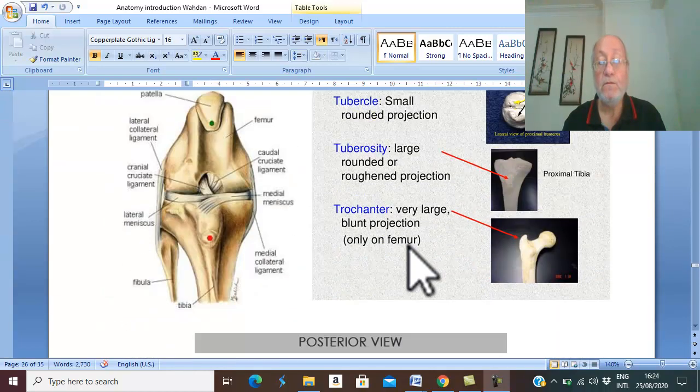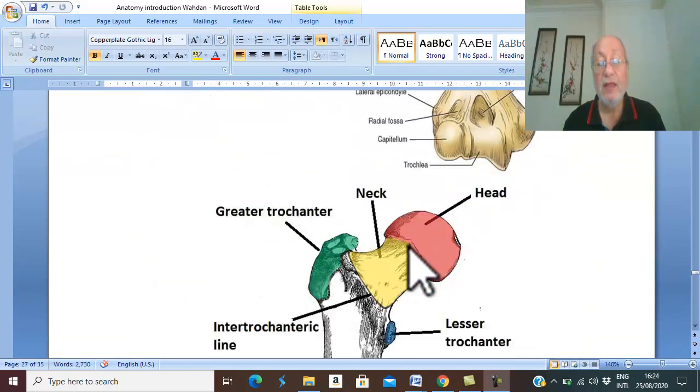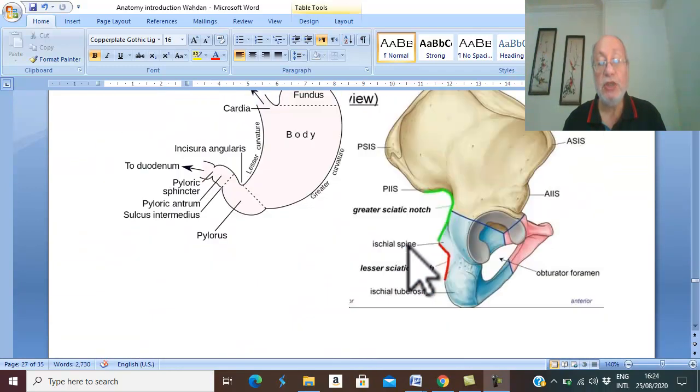while the same elongated projection with a pointed end is called spine.